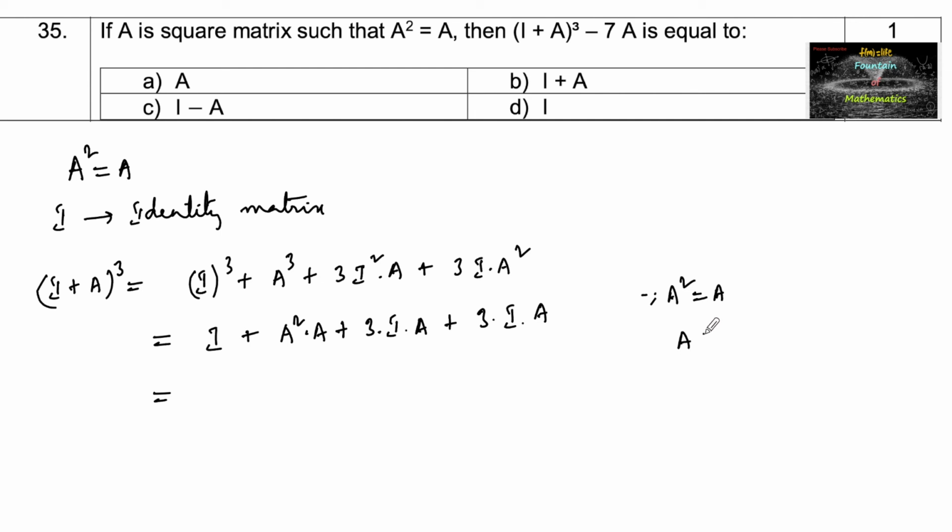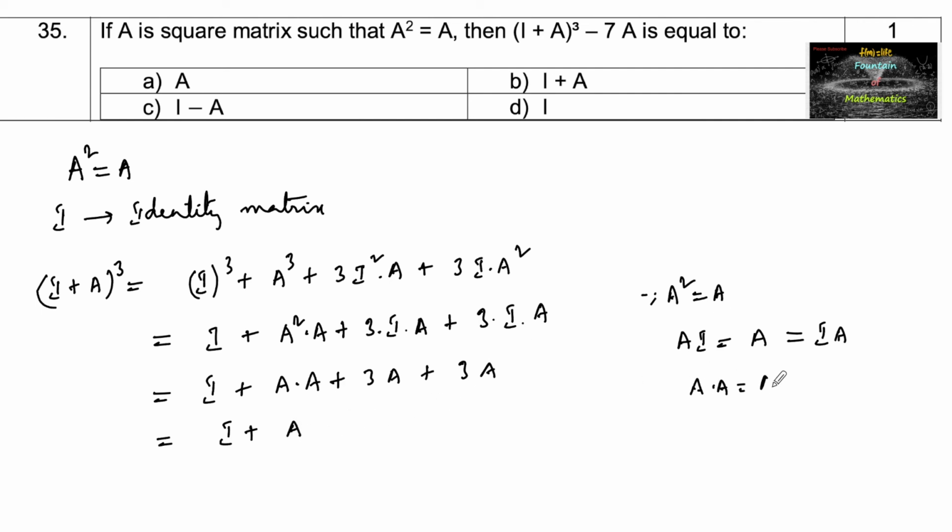And also we know that identity matrix into any matrix is A only, I into A you will get A matrix. So we can write I plus A square is again A, plus 3I into A will be A, plus again 3 times I into A is A, which is equal to I plus A into A square is again A, so 3A plus 3A, that is 6A, which is equal to I plus 7A.